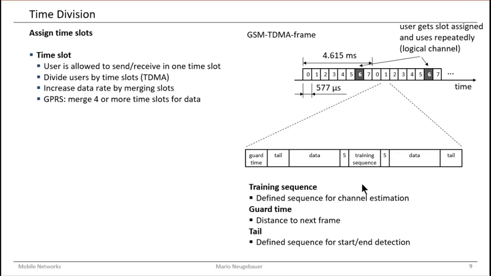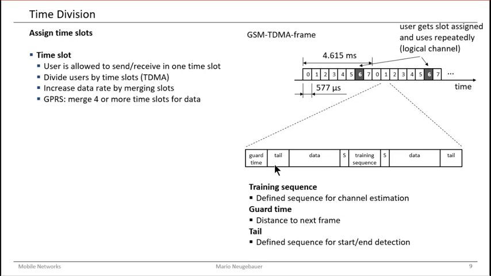And then we have a certain tail sequence at the beginning and at the end. Tail means that we have a specified, fixed defined sequence for the start and the end of such a package. As a receiver, I would look into the air, look into the transmission sequences for such a tail.